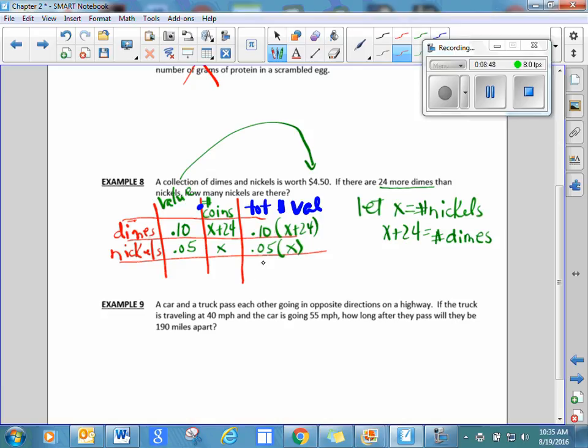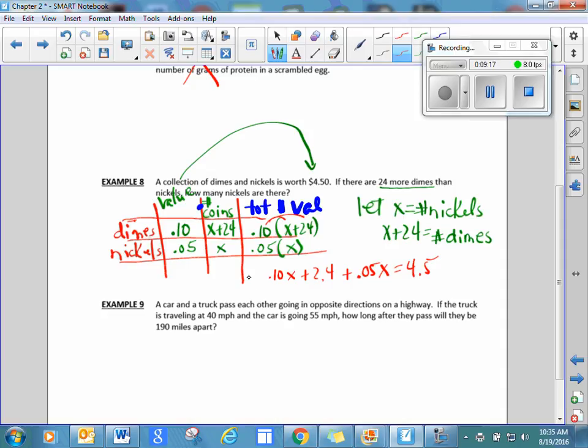So if you take the total value here, which is 0.10x, I'm going to go ahead and distribute, plus 2.4, move the decimal point, and add that to the 0.05x here, that's going to equal $4.50.